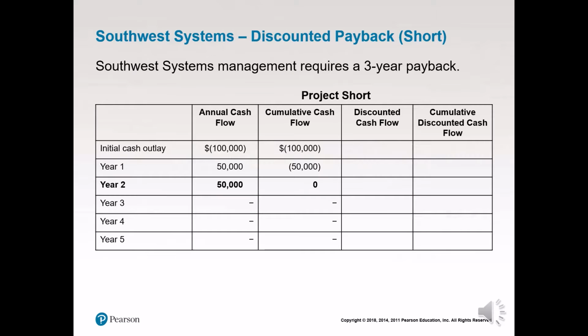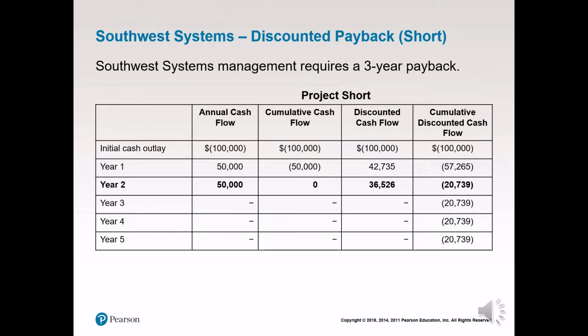Let's take a look at Southwest Systems' short project and take the time value of money into consideration. Here we have the analysis that we did before that showed the payback period comes in year 2 with this project, but there's no additional cash flow. With the discounted payback method, we would do the same calculations, but with a discounted cash flow based on the time value of money.